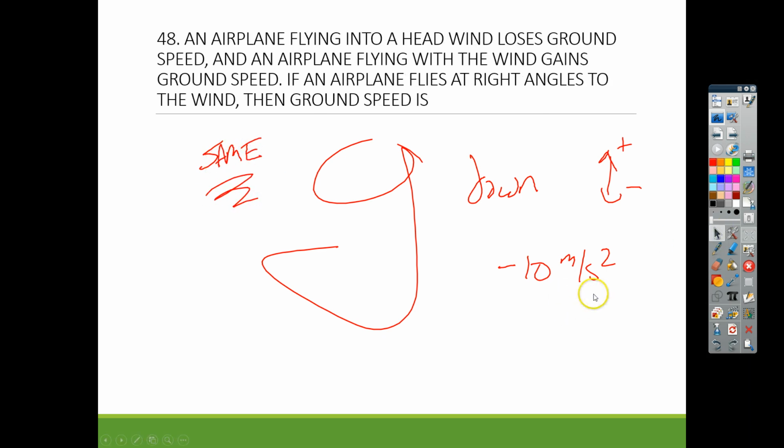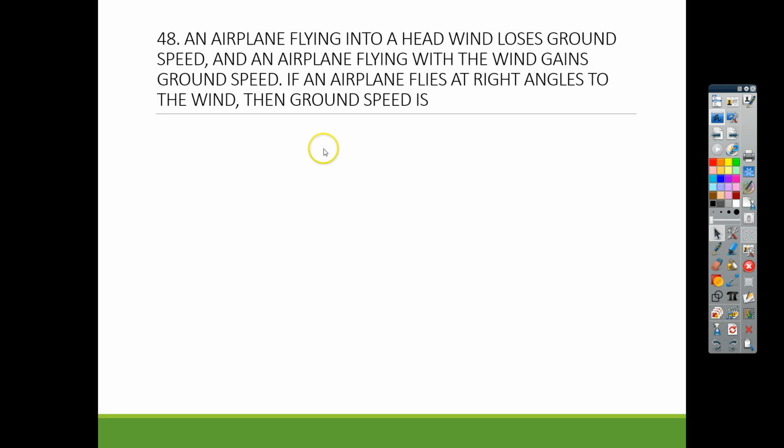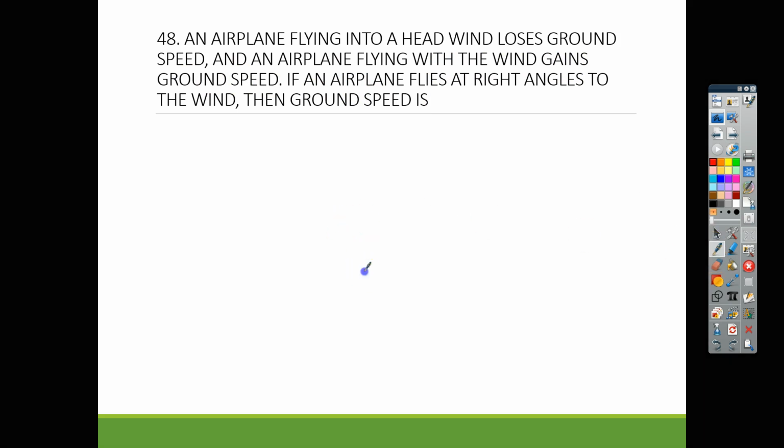Number 48, an airplane flying into a headwind loses ground speed, and an airplane flying with the wind gains ground speed. If an airplane flies at right angles to the wind, then the ground speed is, so here's one that is flying north. We have a wind that is blowing west, so we're going to make it go this way. What do we need to do with the two? Well, we need to add our two components together. So let's go ahead and do that.